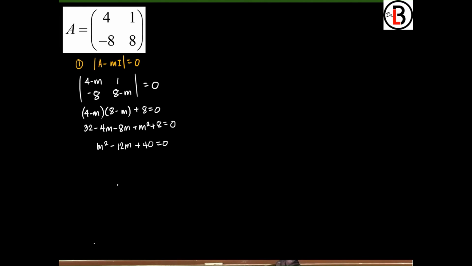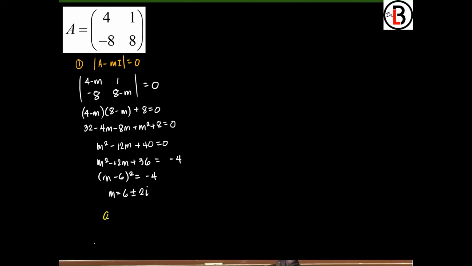So what are the factors, guys? Is it factorable? Yeah, so it's going to be m squared minus 12m plus 36. Is it correct? And then minus 4. So this is going to be m minus 6 squared is equal to negative 4, or m is equal to 6 plus and minus 2i.